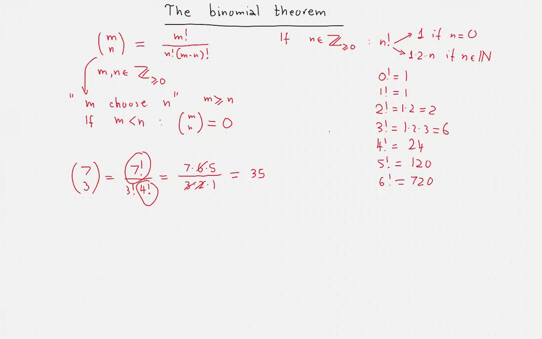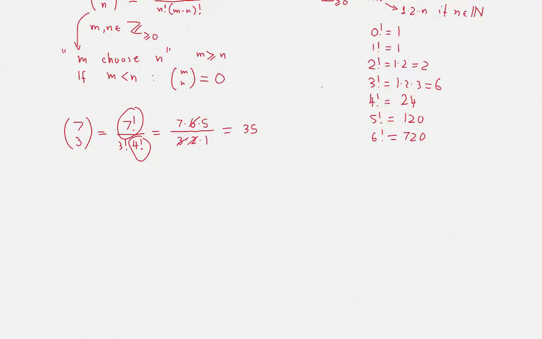It is always a natural number because one can show, and that's not necessarily too hard, but we don't want to delve any more into combinatorics right now, that m choose n is, and that justifies the terminology choose, the number of combinations of m objects chosen n at a time.